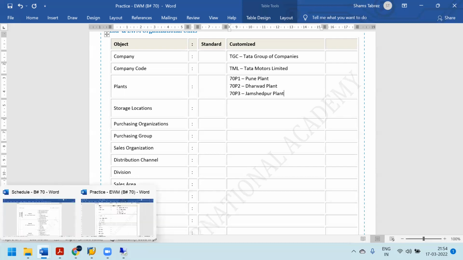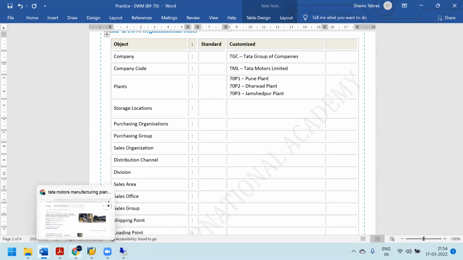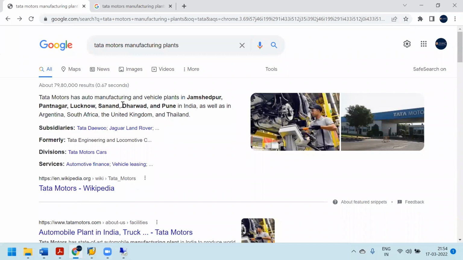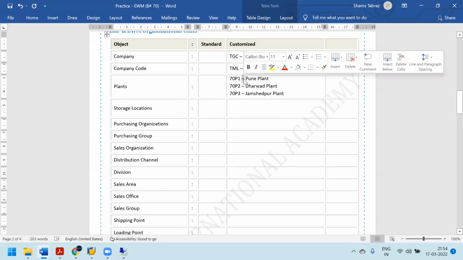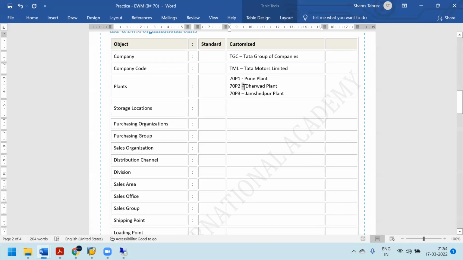So for our practice, we are considering 3 plants, but actually there are 6 manufacturing facilities of Tata Motors across India. Or we can list out all of them, and we will be using one or two of them. So this is how we will be representing these physical locations, or the physical manufacturing facilities, with the 4 character key and the description.